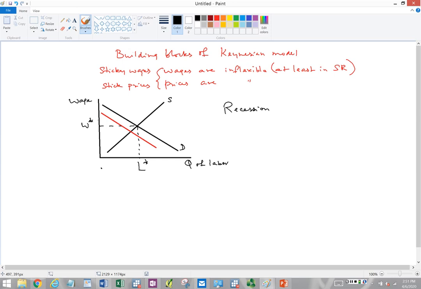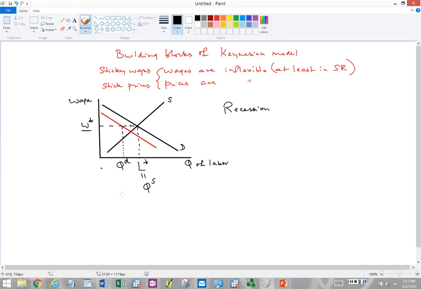Now, if the wage was sticky, meaning if this equilibrium wage were not permitted to fall, then the following would happen with the shift leftward of the demand curve. The quantity demanded of labor would decrease to this. So this is the quantity demanded of labor. The quantity supplied of labor, on the other hand, remains at L star, right?